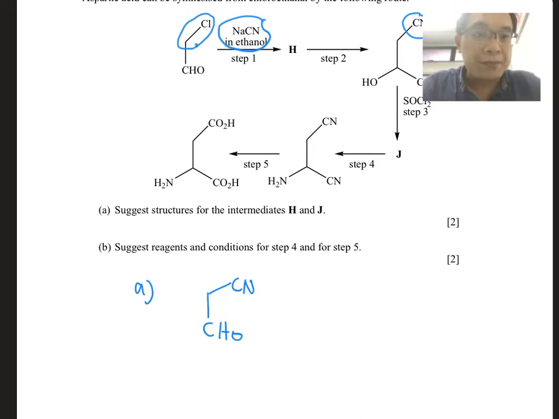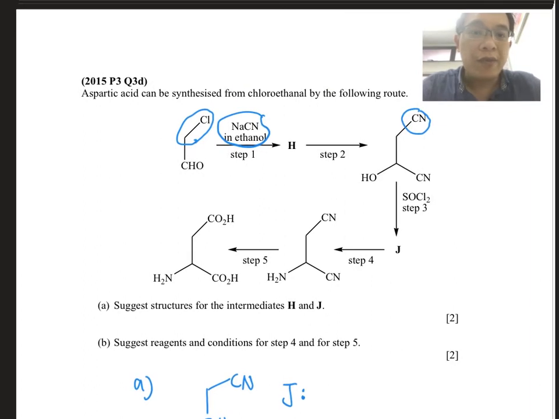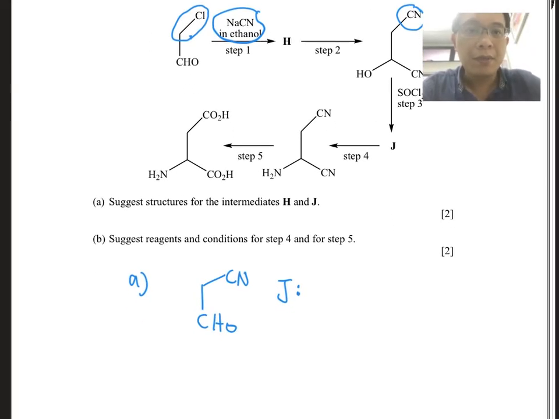Let's take J. Let's look at the reagent and condition, SOCl2. You must keep in mind that SOCl2 always targets one specific group, the hydroxy group. So in this group here, you are going to change the OH to become a Cl.